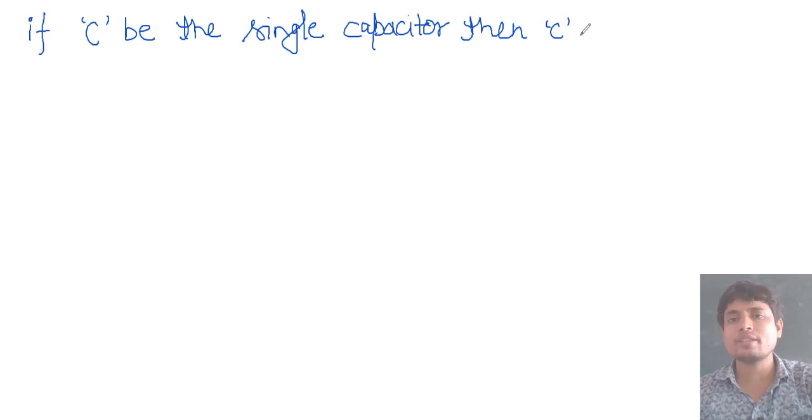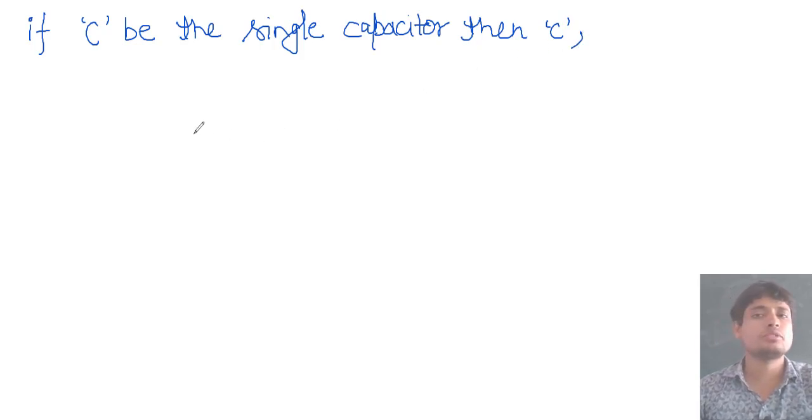In that case, total charge Q is equal to total capacitance C times total potential V. This is equation number 3.